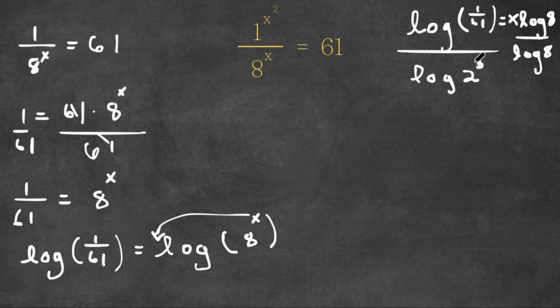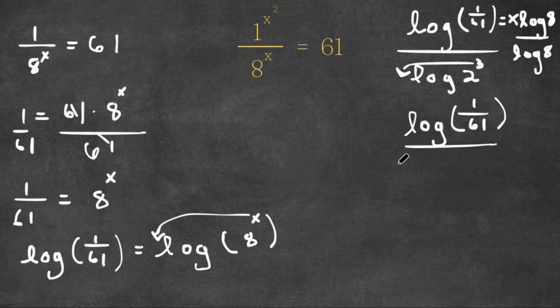And remember, we can actually move this exponent to the front of the log, the power property of logarithms. So now we have log of 1 over 61 divided by 3 log 2.